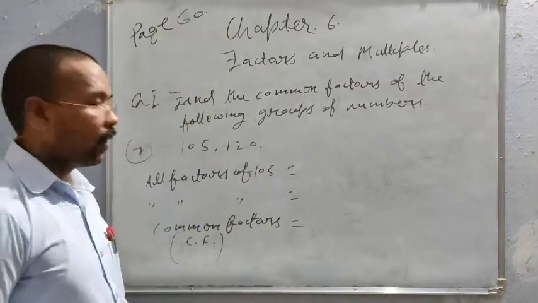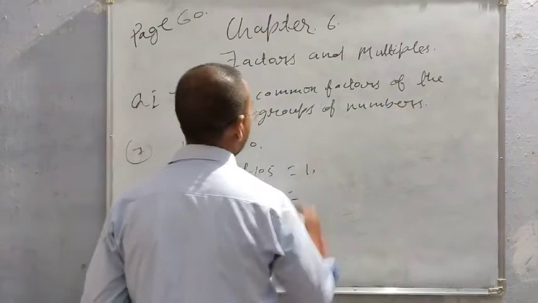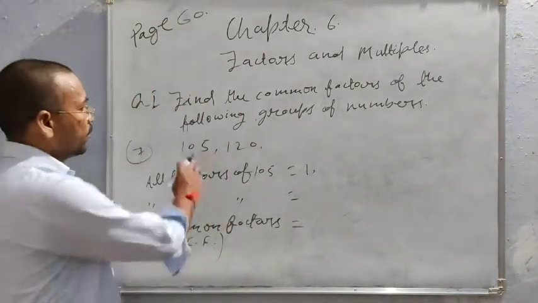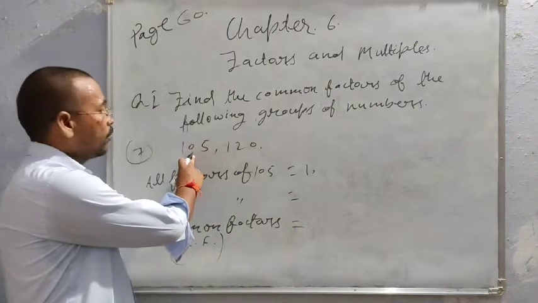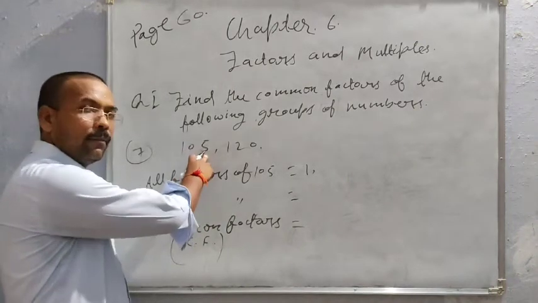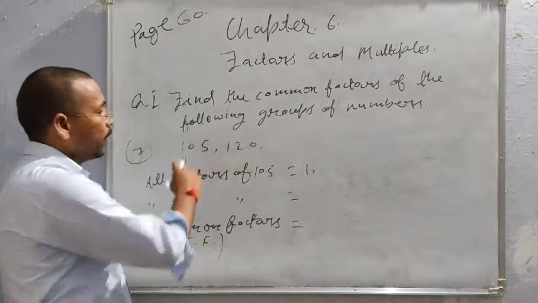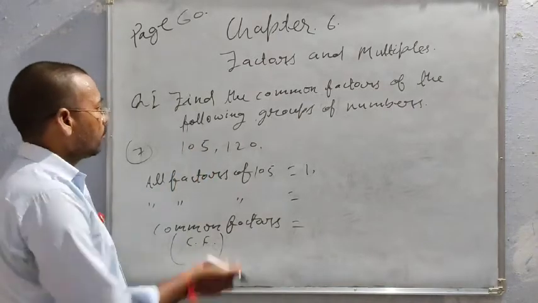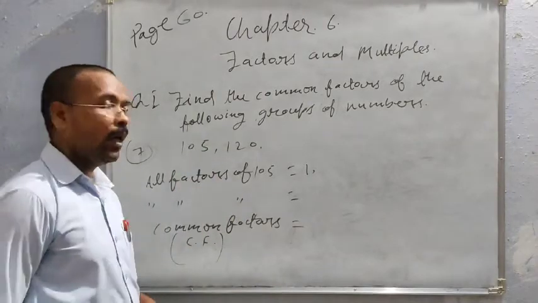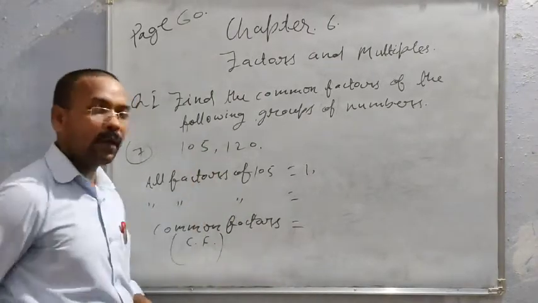What is the factor of all numbers? So write 1 and then 105. This is divisible by 3 because the sum of the digits, 1 plus 0 plus 5, will be 6. 6 is divisible by 3, therefore 105 is divisible by 3, and therefore 3 is a factor of 105.